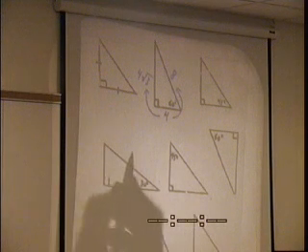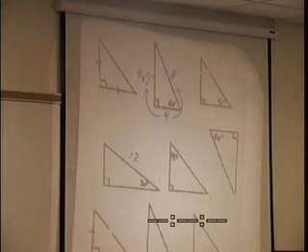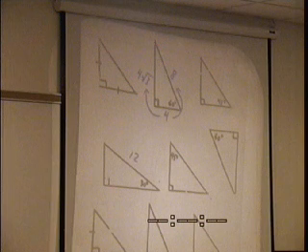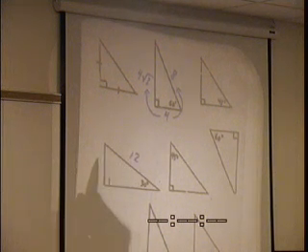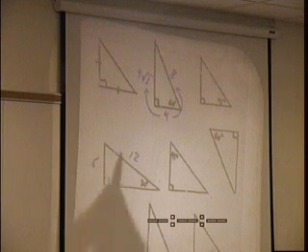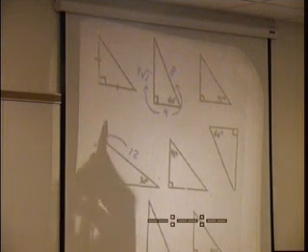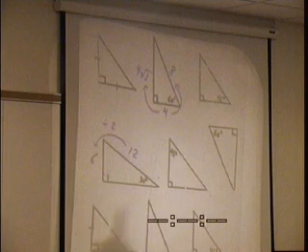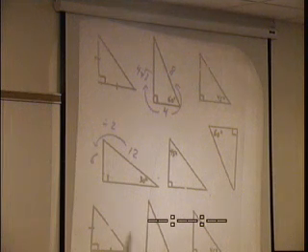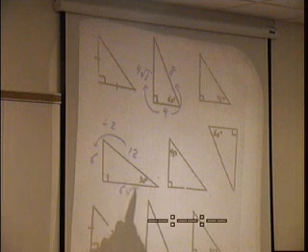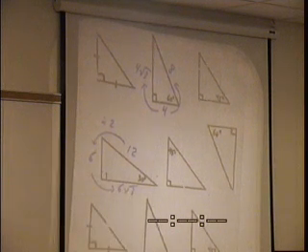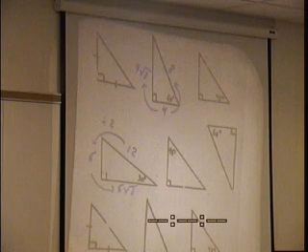Now if I happen to know the hypotenuse, I can find the short leg, and I can use that to find the long leg. If the hypotenuse is 12, what's the short leg? 6. Because I divide by 2 to get the short leg, because it's half of an equilateral. What's the long leg? 6 root 3 is the long leg, because I multiply by root 3 to get the long leg.